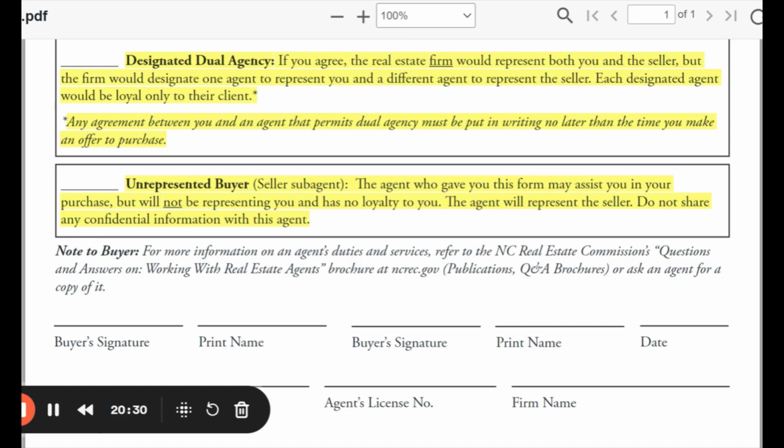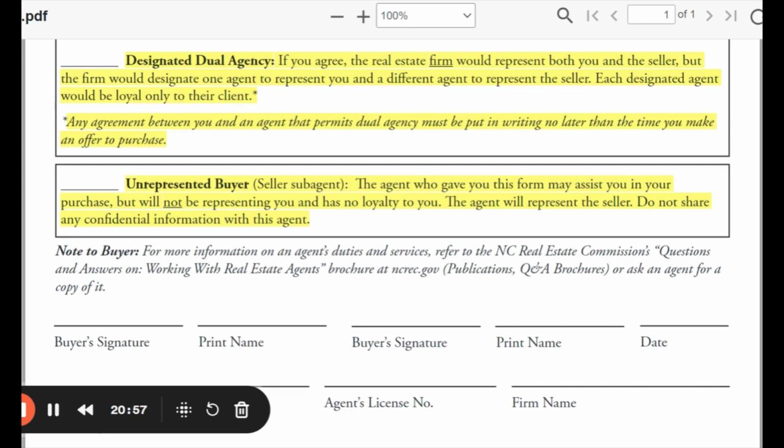Please know that that person that is in that home giving you that tour and giving you all the information about that property works for the seller.